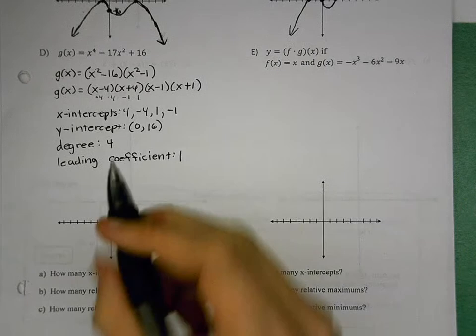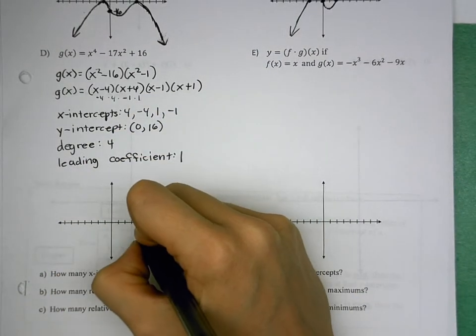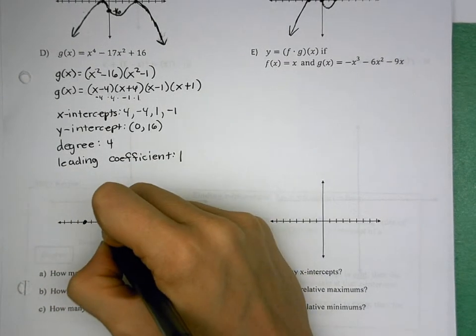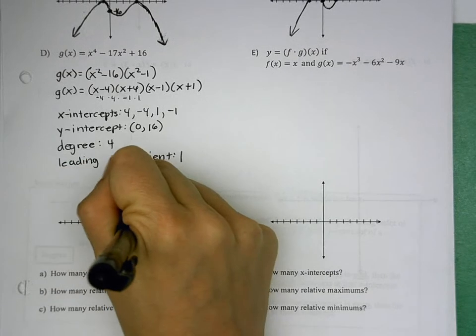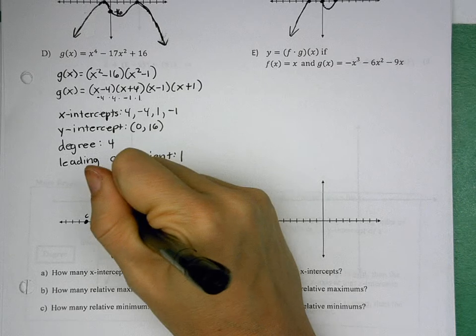And so as I graph this now, x-intercepts at 4, negative 4, 1, and negative 1, all of which are crosses because of their odd multiplicity, and a y-intercept of 16.